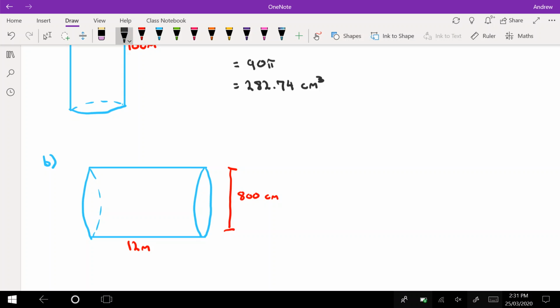What's the first thing I should probably do, Lexi? We don't like working with different units. It's not going to be very nice. So let's change this straight away to 8 meters.